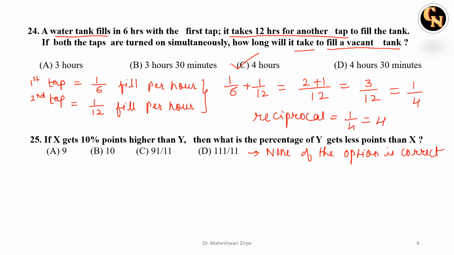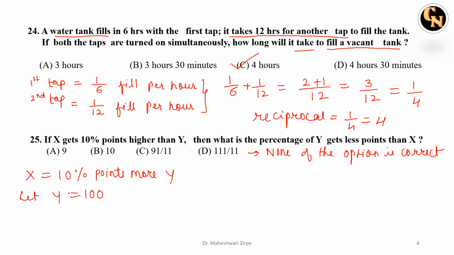Well, let us solve the numerical. X is equal to 10 percentage points more than Y, correct? So let Y be 100.